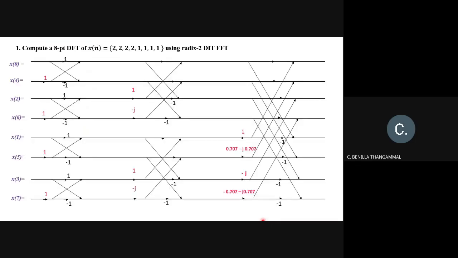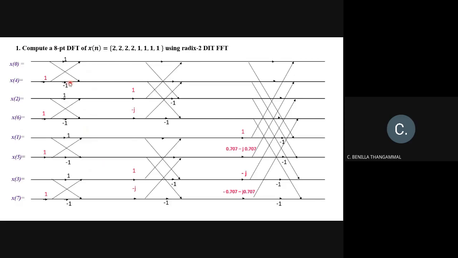Before starting this problem, your calculator should be in complex mode and you should be adept at handling your calculator to handle this particular problem. Right, so first we'll be drawing the general structure here. It's better to color the twiddle factors so that you can differentiate them from the outputs and inputs and not get confused.